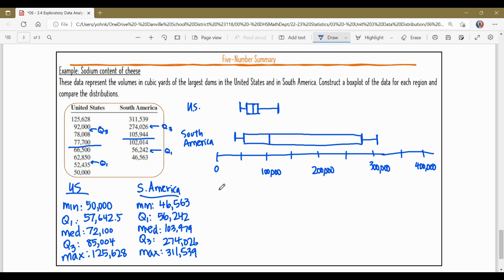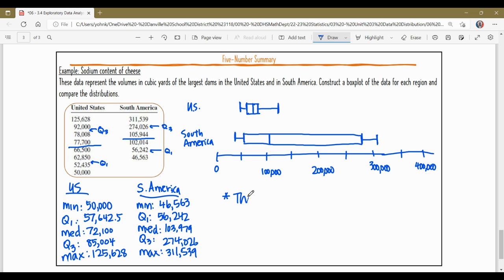So overall, what can we say? Well, we can say that the range is extremely, extremely bigger than the range for the United States. We can also say that the standard deviation or the variation just in general of the dams is considerably larger in South America than the US.